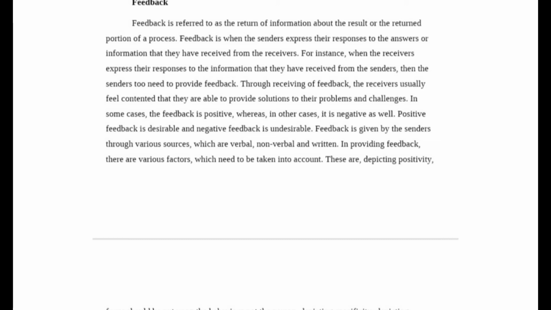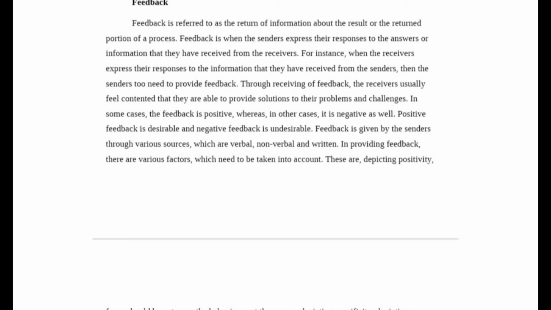Feedback is when the senders express their responses to the answers or information that they have received from the receivers. So, feedback is the information or the response to the answers or information which they have received from the receivers.